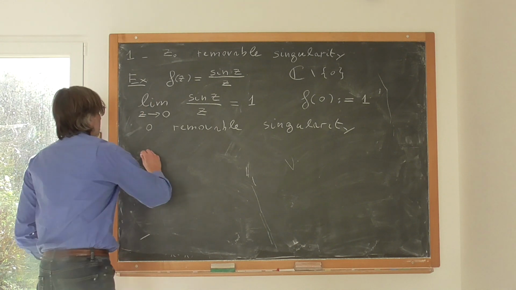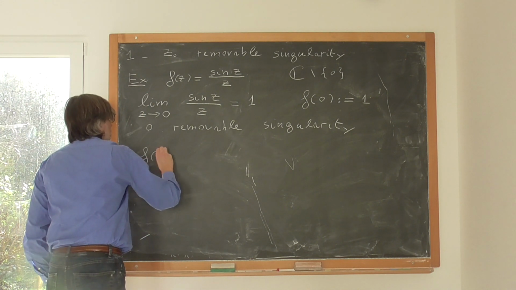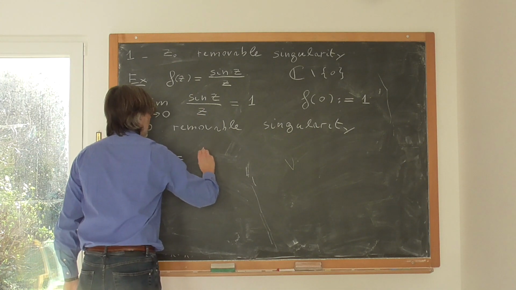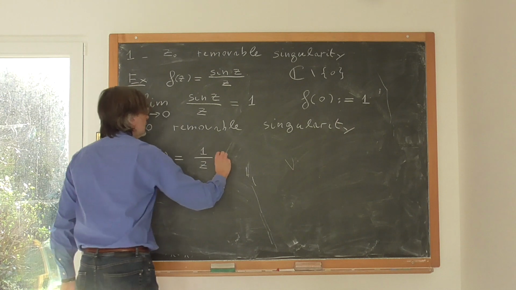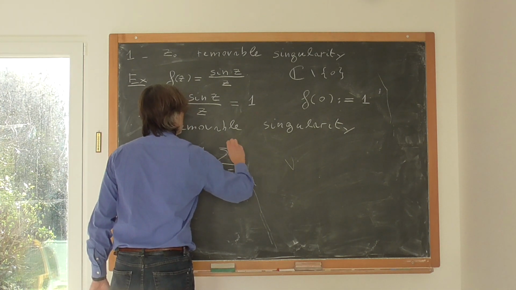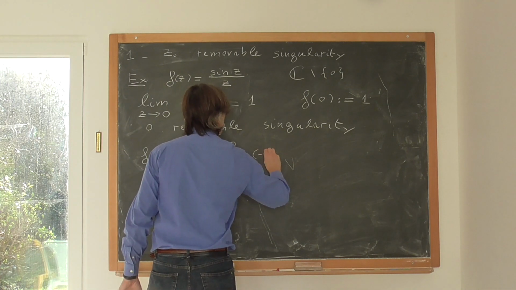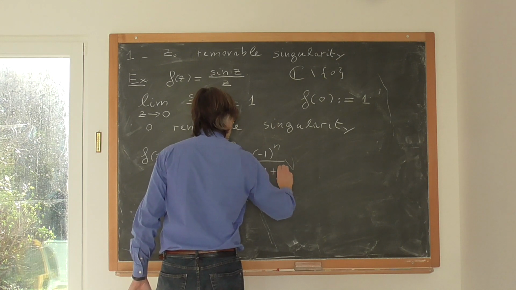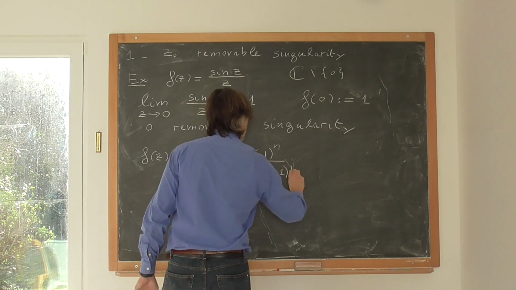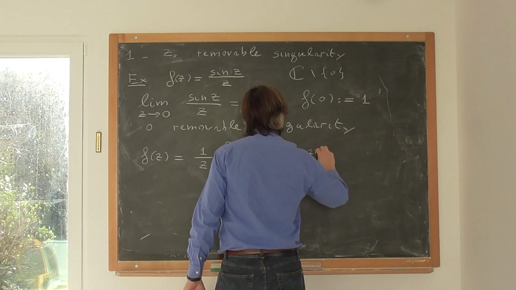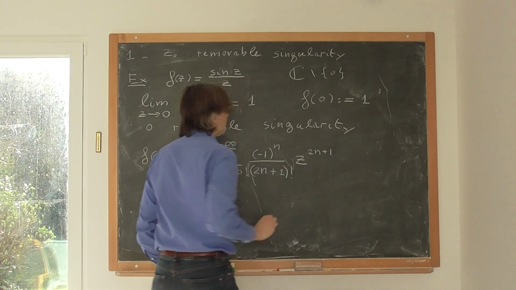One could, for instance, use the power series expansion of sine and write 1 over z times the sum n goes from 0 to infinity of minus 1 to the power n divided by 2n plus 1 factorial, z to the power 2n plus 1.